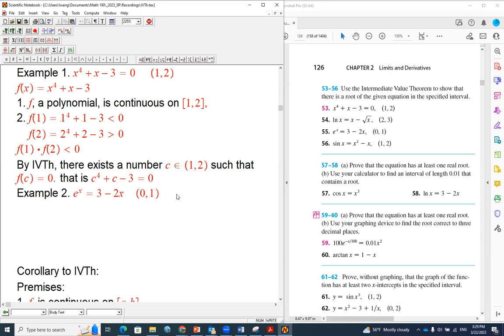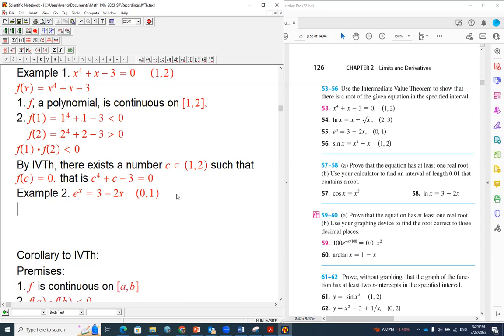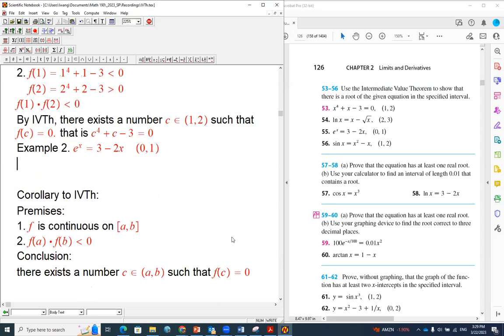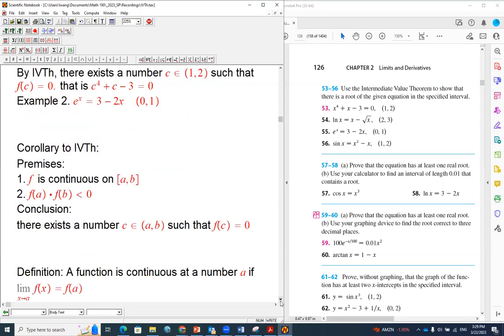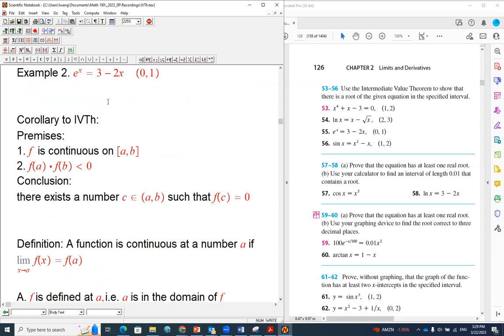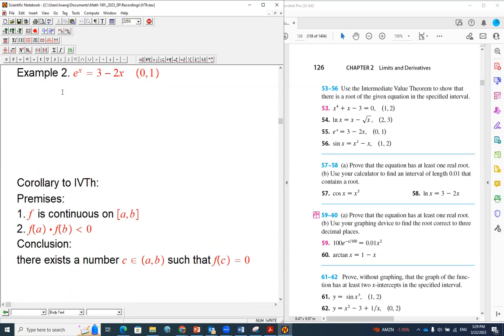To apply the intermediate value theorem, we have to create a function. How do we create such a function? What if we don't create a new function? I'm going to have a little discussion here. What is the meaning of this equation?